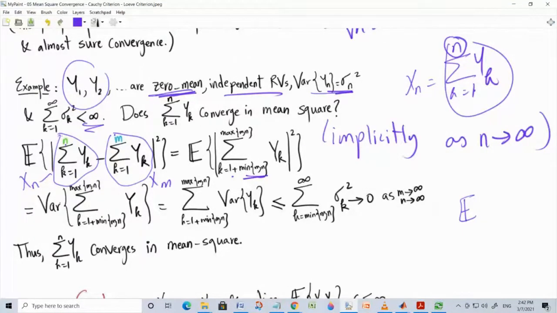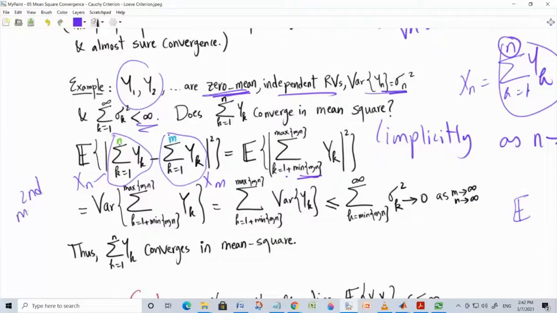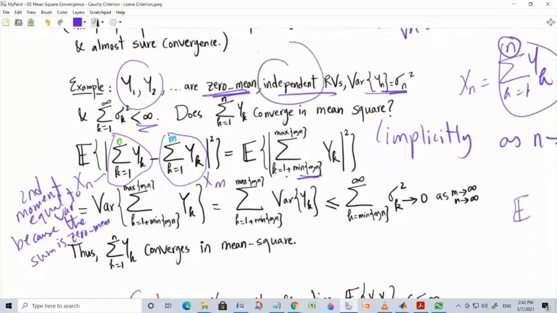So here we have second moment equal to the variance of the summation itself, because the sum is zero mean. Now the y's are also independent, so the variance of the sum is the sum of variances. And what is the variance of each guy? It's just a given number, which is sigma k squared.